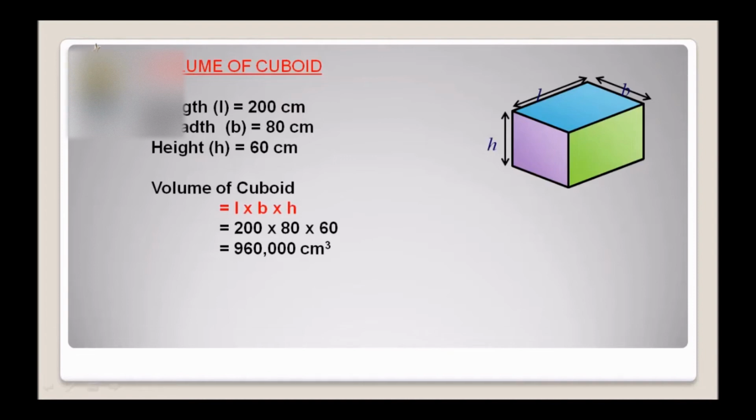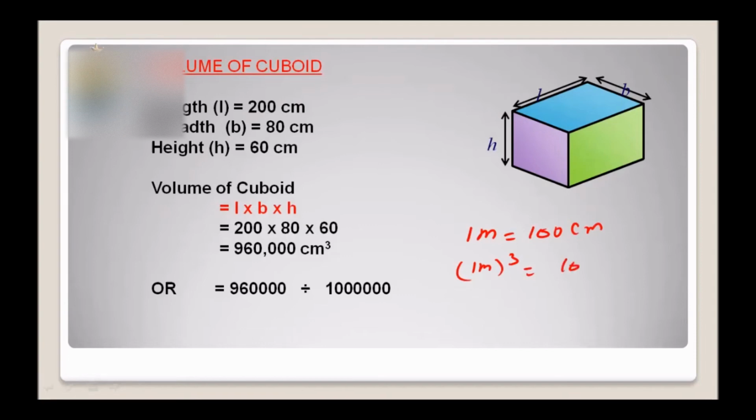But now if we want to calculate in meter cube, then we will have to divide with 1,000, because we know that 1 meter is equal to 100 centimeter, and 1 meter cube is equal to 100 centimeter cube.